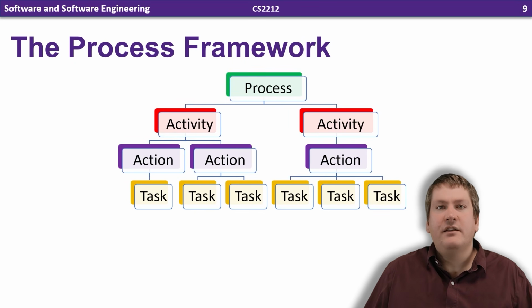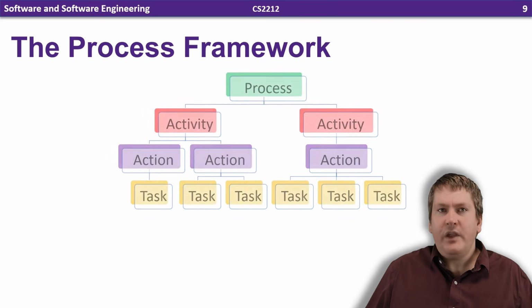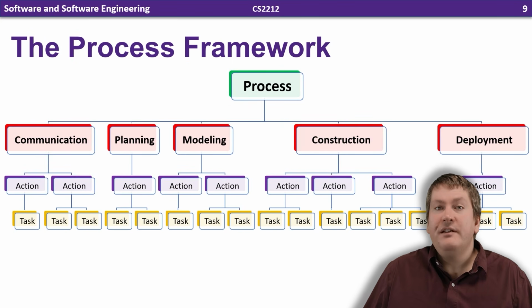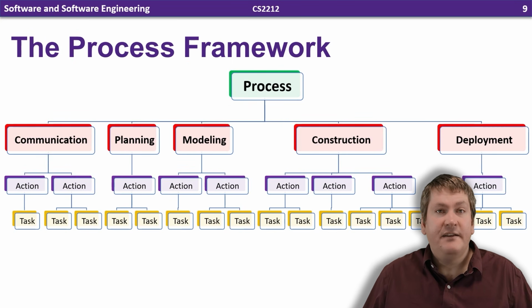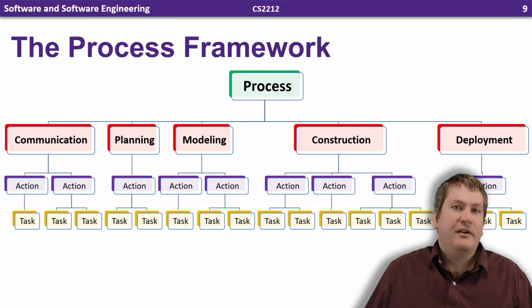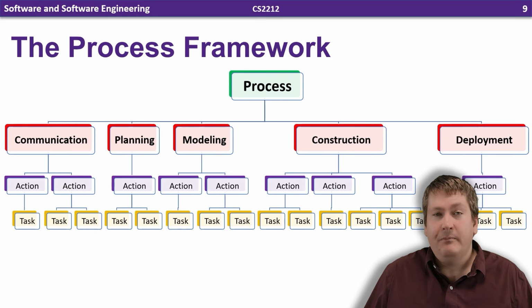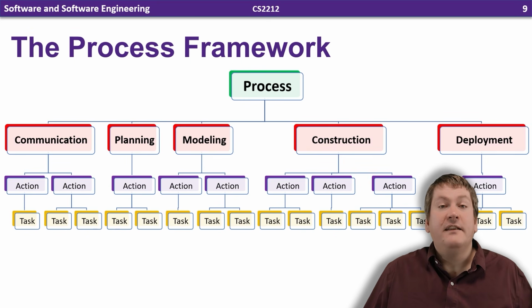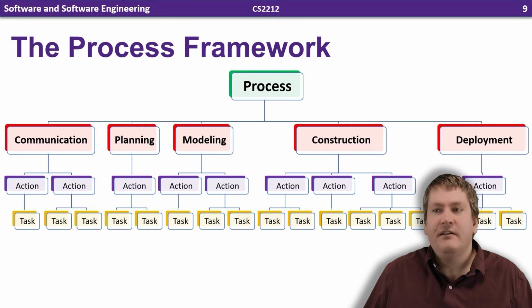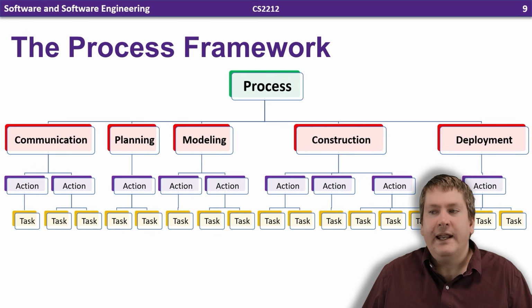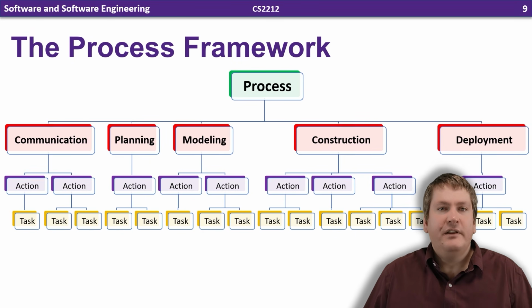Now, bringing this back to the process framework hierarchy, this means our activities will be some form of the 5 key activities, although different process models, as we say, may give them different names, or they might sometimes group them together or split them up a little bit differently. But at their core, we'll always see these 5 key activities: communication, planning, modeling, construction, and deployment. So let's now take a closer look at each of these key activities.